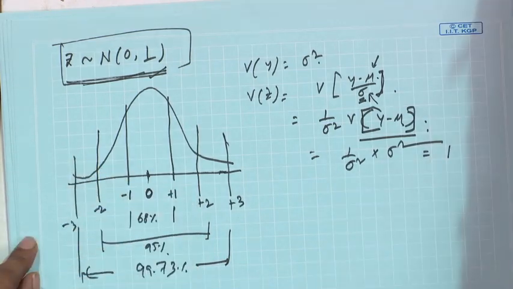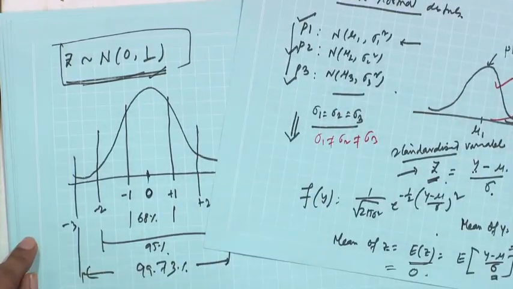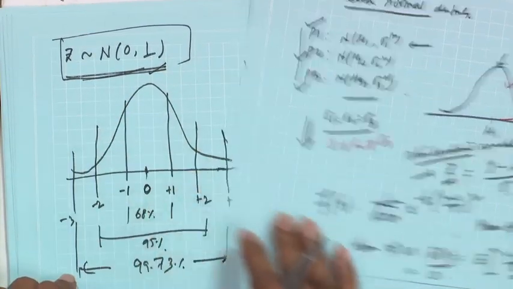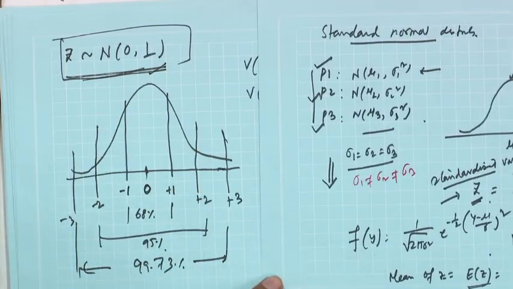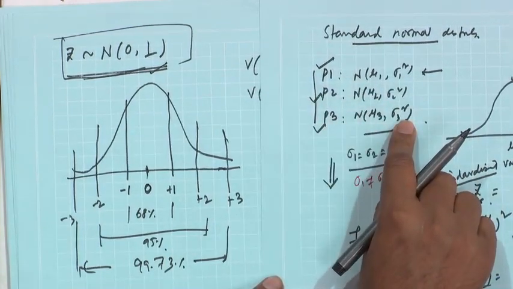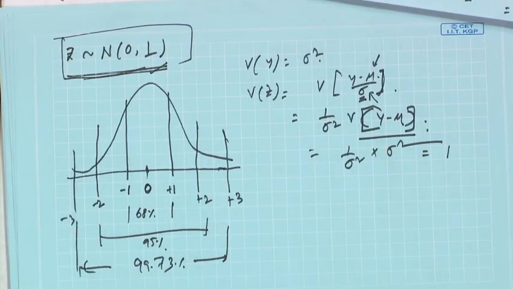So, what happened? You have different original normal distributions, but all can be converted to the unit normal, and this distribution itself is sufficient to explain the behavior of all of them. This is your standard normal distribution. Standard normal distribution means a unit normal distribution.